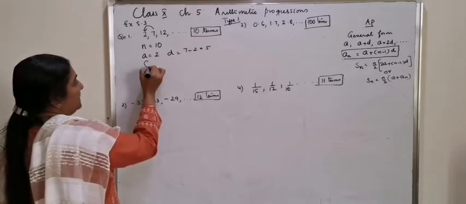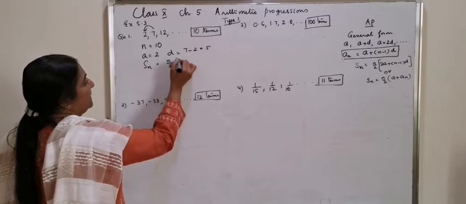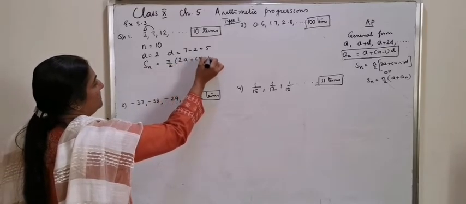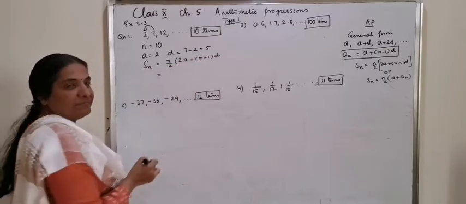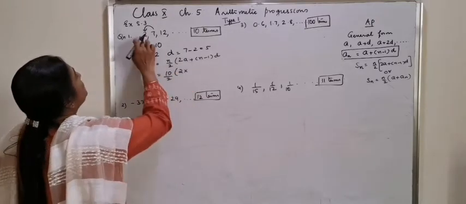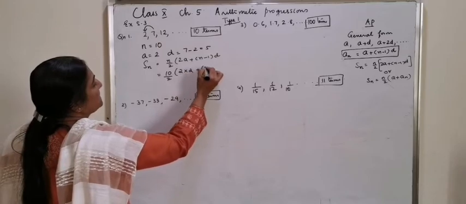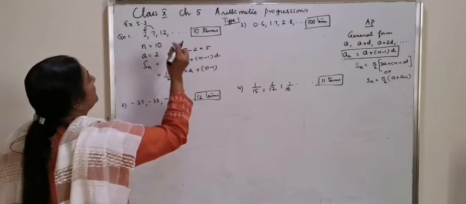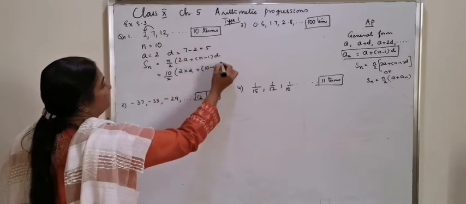What's the formula? Sn is equal to n by 2, 2a plus n minus 1 into d, which is the same as 10 by 2, 2 into 2 plus 10 minus 1 into d, which is 5.